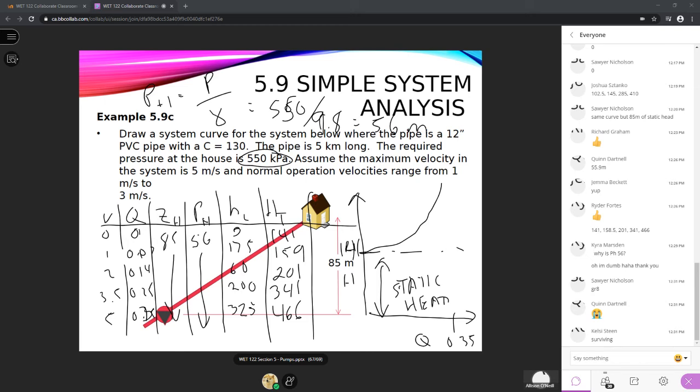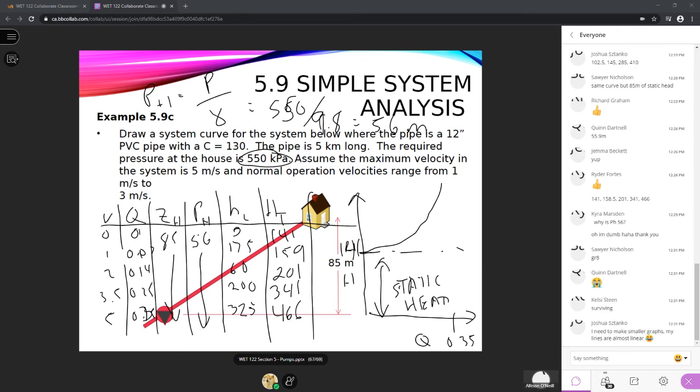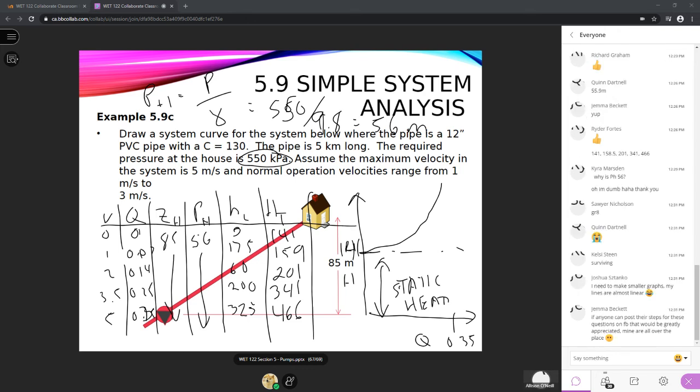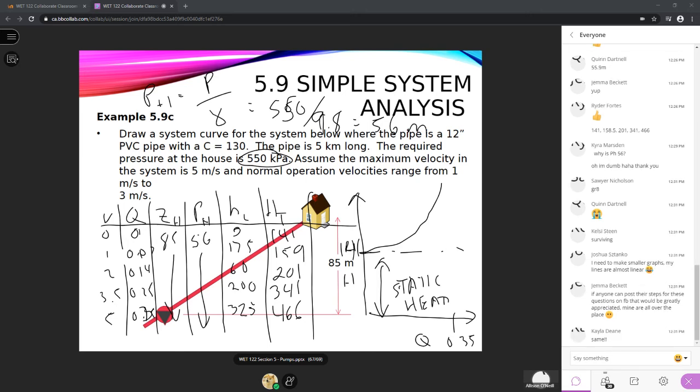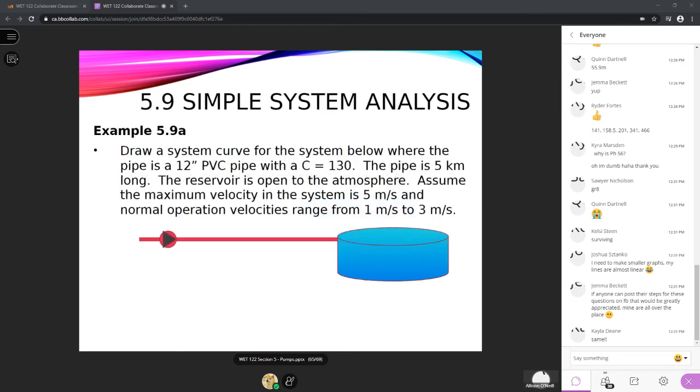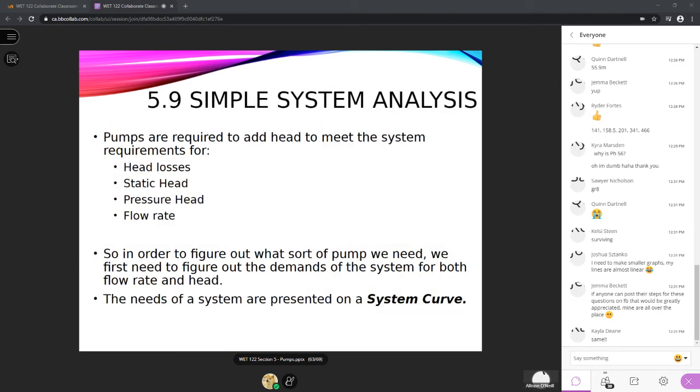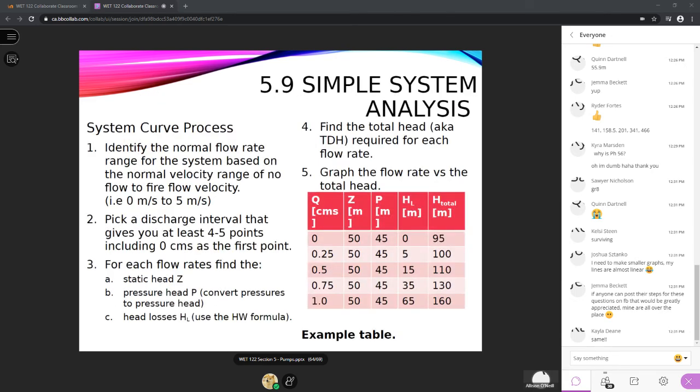I think we'll call it after this problem, I think. Oh, okay. Yeah. Just to say, Gemma, when you go back, if you look just a couple slides back, here's the steps you have to follow.